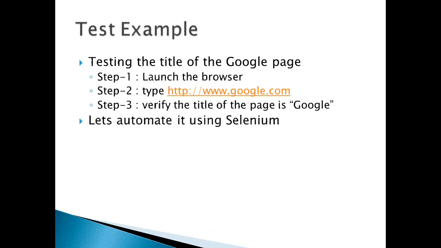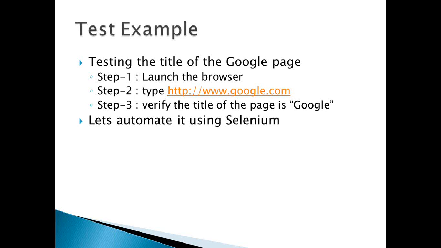Okay, let me give you a quick demo of how to record a simple test using Selenium and run it. Let us say we have a test case where we have to check the title of the Google page.